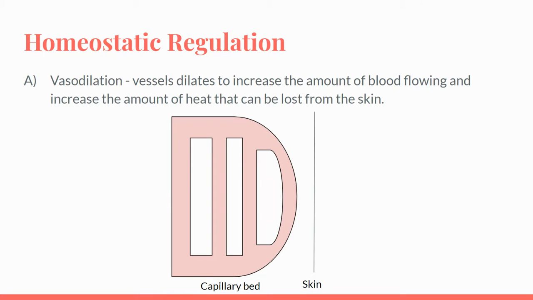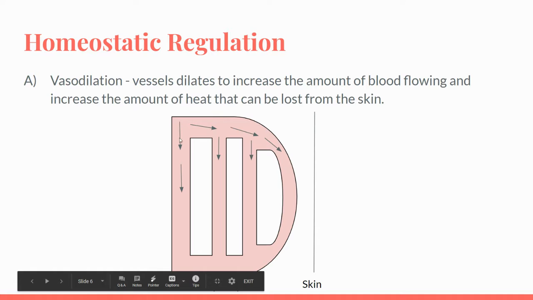Now what we want to talk about is homeostatic regulation in the world of vasodilation and vasoconstriction. So vasodilation is defined as vessels dilate or get bigger to increase the amount of blood flowing so that heat can be lost from the skin. So think about you're outside in the summertime, you're overexerting, your face becomes really red, you're sweating a lot. What's actually happening is vasodilation. You have tons of capillary beds close to the surface of your skin.